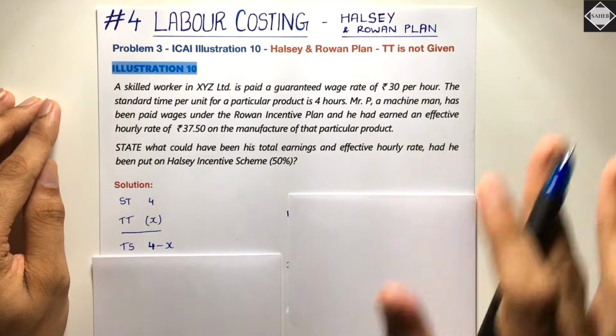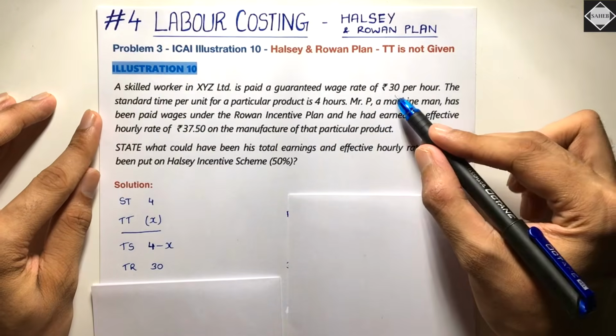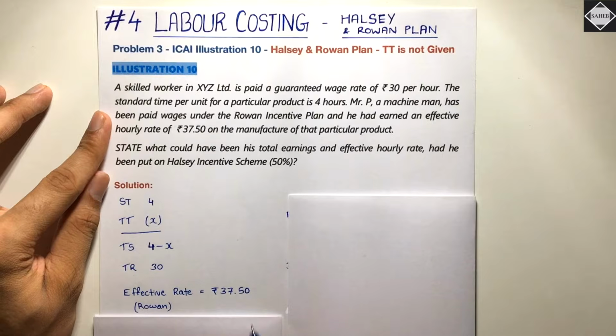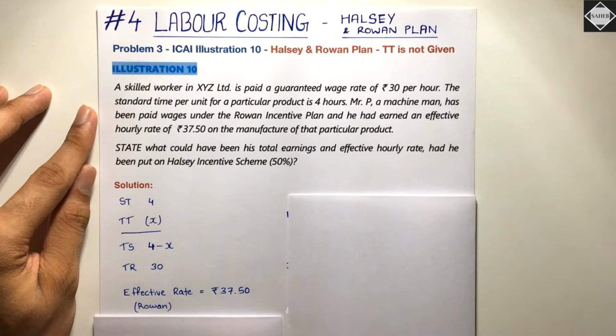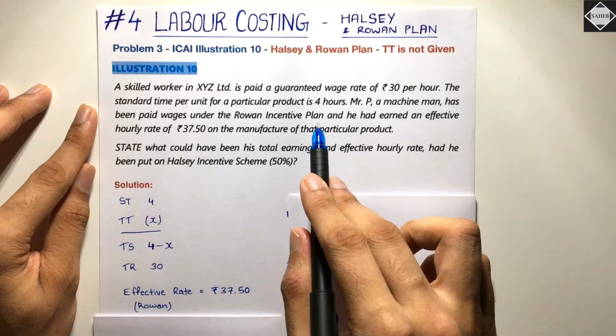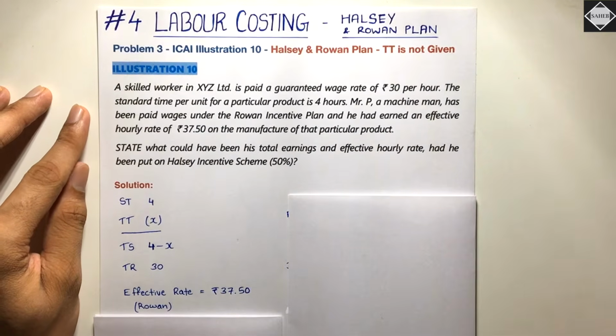Is it clear? Simple. After this, the time rate we know is given, 30 per hour, and the effective rate per hour is also given, 37.5 rupees. And this is according to the Rowan plan. Wages are paid under the Rowan incentive plan, and he had earned an effective hourly rate of 37.5 rupees.